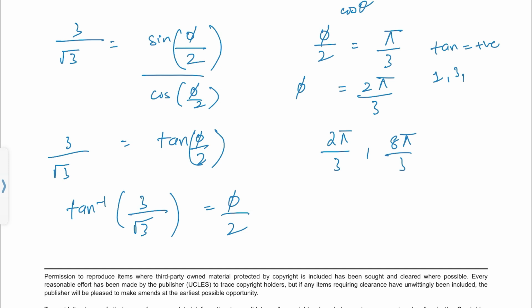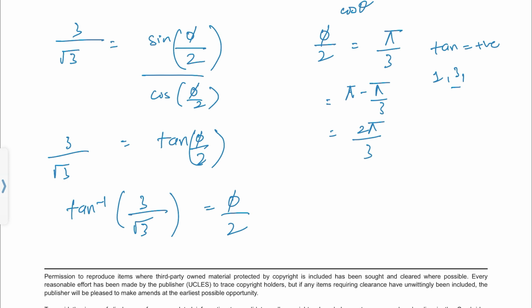So I guess we check. Sorry. So phi over 2 is pi by 3. And we'll be getting our third quadrant as pi minus pi by 3. This would be 3 pi minus pi, that would be 2 pi by 3.